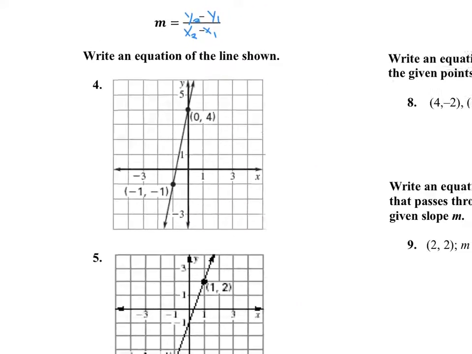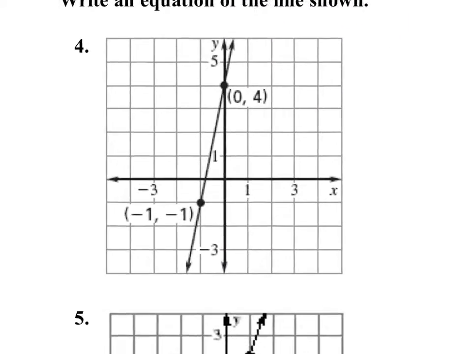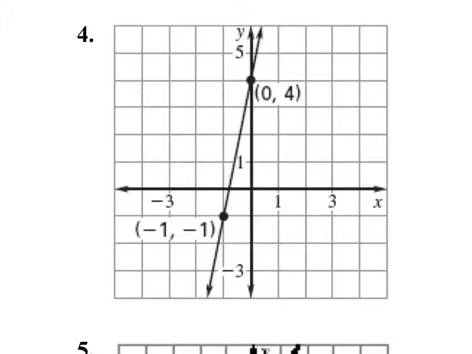Okay. Now, here we go. It's time to get to work. They want you to write the equation of a line. Okay? You're given a picture. So start from this point and just count up and over. That'll be your m, your slope. And then where does the line cross the y-axis?